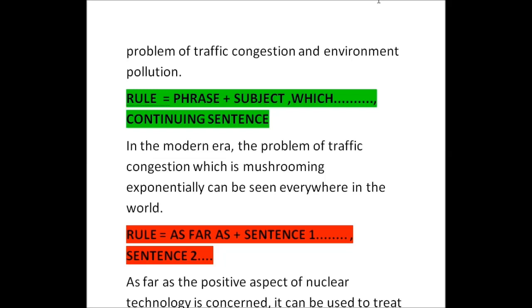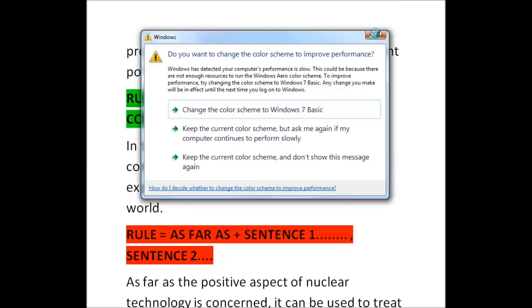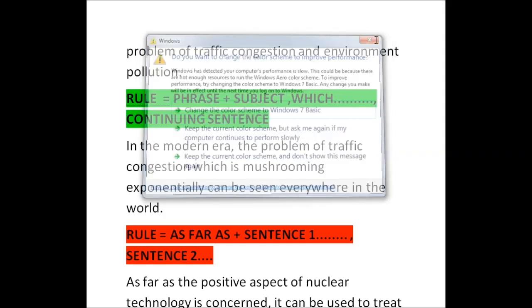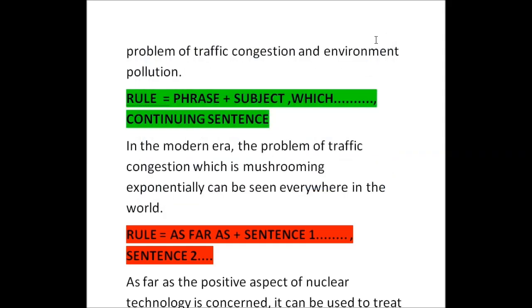For example, in the modern era, the problem of traffic congestion which is mushrooming exponentially can be seen everywhere in the world. Okay, I hope you understand. Again I repeat, which is used to extend your information about the noun. So traffic congestion is a noun, and which was added to extend its information.